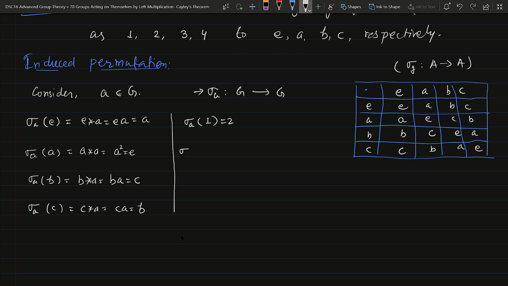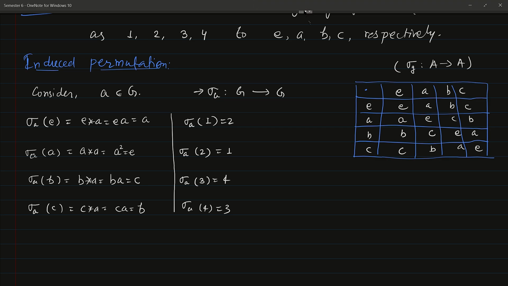Then sigma a of 2 is going on e, so it is going to 1. Then sigma a of b, which is 3, is going on c, that is 4. Then sigma a of 4 becomes 3. So here you can see under the sigma a permutation, we have the images: 1 becomes 2, 2 becomes 1, 3 becomes 4 and 4 becomes 3.